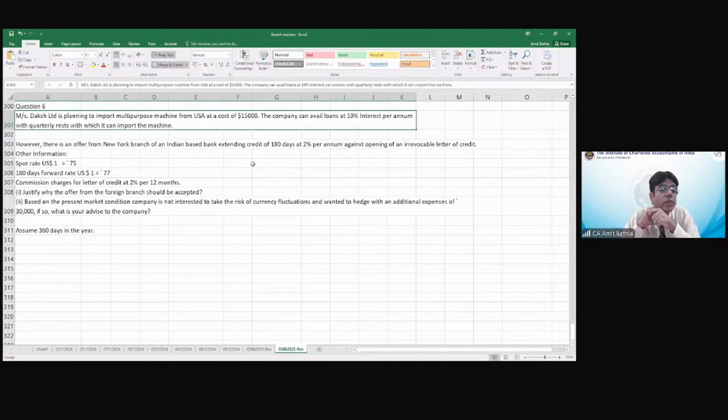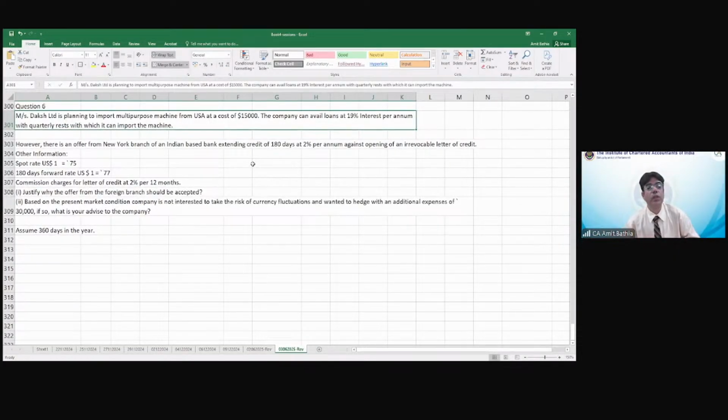Justify why the offer from the foreign branch should be accepted. Based on the present market condition, the company is not interested to take the risk of currency fluctuations and wanted to hedge with additional expenses of 30,000. If so, what is your advice to the company? Assume 360 days in a year.